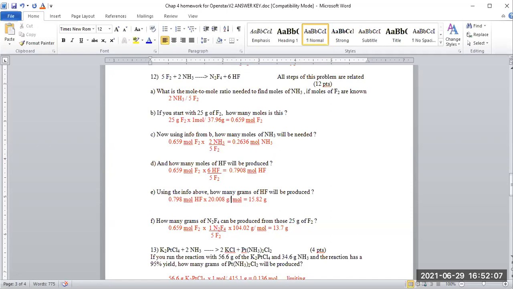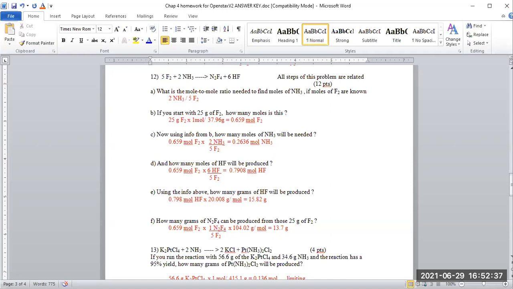You are assuming that the fluorine information you are given is basically the controlling factor for all of the problem. So take your 0.659, multiply by 1/5, then molar mass of 104.02, and you get about 13.7 grams.